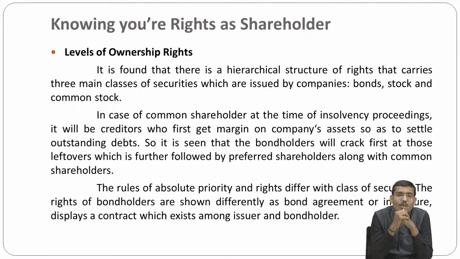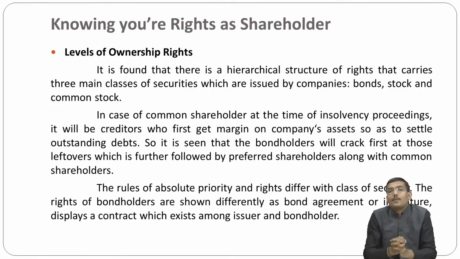hierarchical structure of rights that carries the three main classes of securities which are issued by companies, for example bonds, preferred stock and common stock. In the case of common shareholders, at the time of insolvency proceedings, it is the creditors who first get a claim on the company's assets so as to settle outstanding debts.